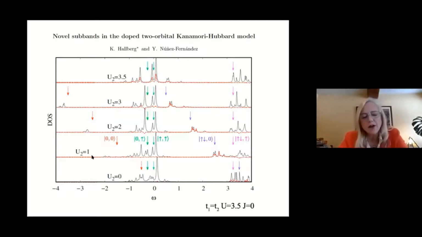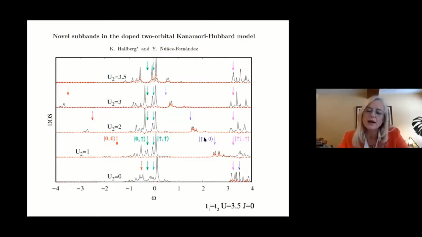What happens if we crank up U prime, which is the interorbital Coulomb interaction? We find that there is a density of states like a band that emerges and comes to lower energies from the upper Hubbard band.